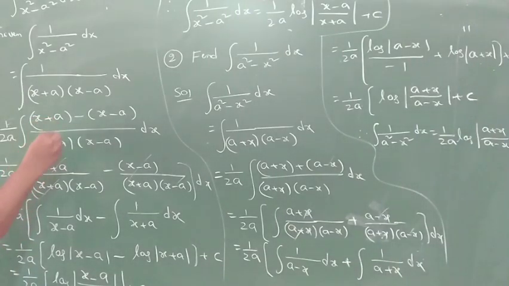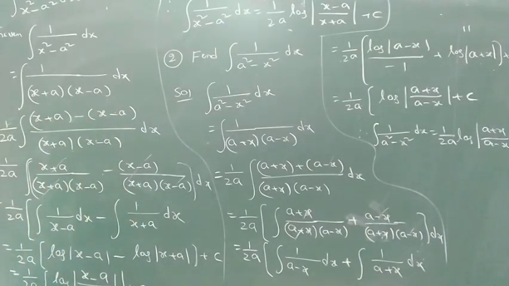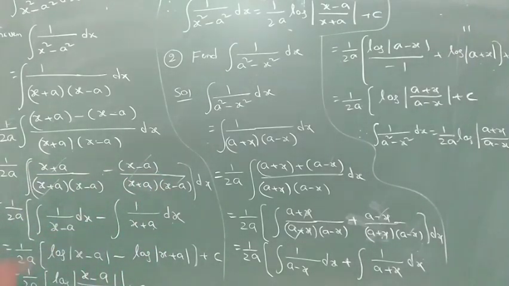Divide x plus a by this one, minus this by this, the same one cancels, x minus a. So integral 1 by x is log x, into the derivative of x minus a.